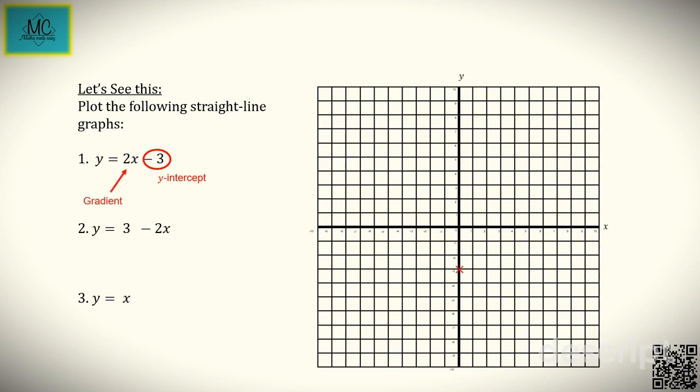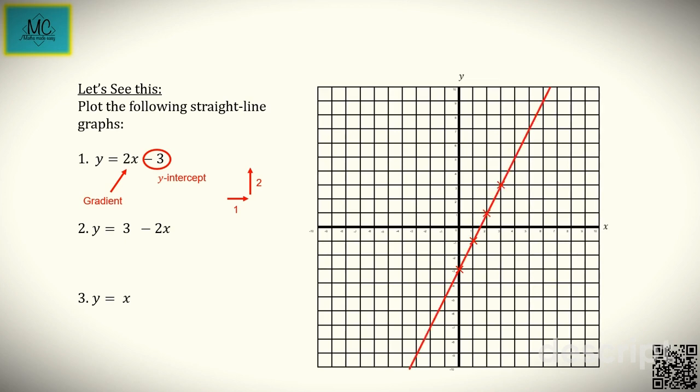The slope of 2 means that for every 1 unit increase in x, y will increase 2 units. So the y-intercept of minus 3 means that the line will intersect the y-axis at the point 0, minus 3, as you can see on the graph. And similarly, we are going to plot all the values and make a straight line.